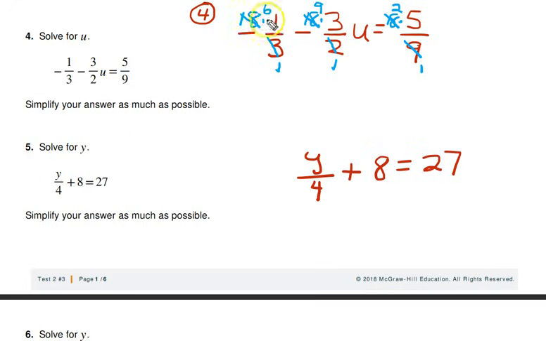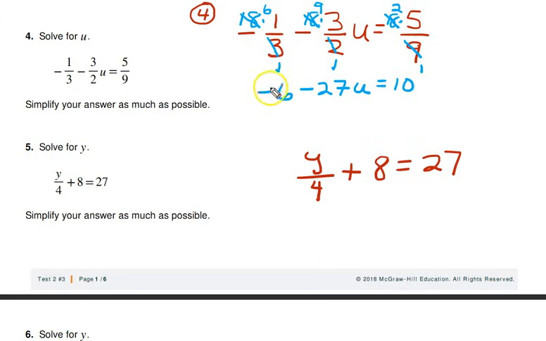So our next step is a negative 6 times 1 is a negative 6. A negative 9 times 3 is a negative 27u equals 2 times 5 is 10. We want to get all our letters on one side, all of our numbers on the other.